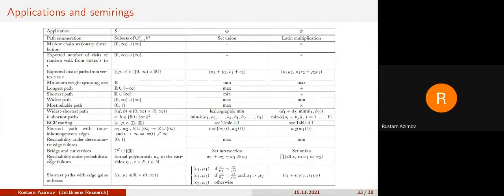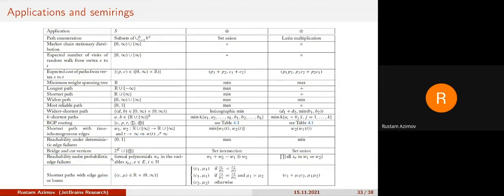And in a more general problem, we can have not deterministic edge failures, but probabilistic edge failures. We can have for each edge between two nodes the probability of failure of this connection.